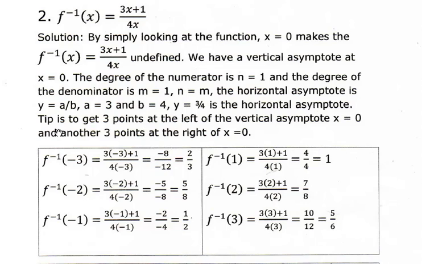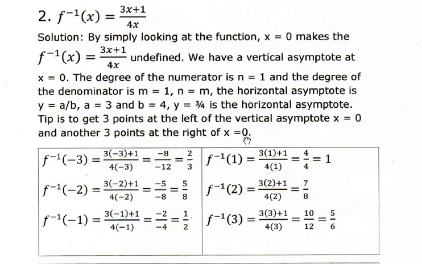Okay, so we have again the tip, how to get the points so that we can have the behavior of the curve that we're going to graph. The tip is to get 3 points at the left of the vertical asymptote x equals 0 and another 3 points at the right of x equals 0. So fixing our point at x equals 0, we take 3 whole numbers to the right: 1, 2, 3.